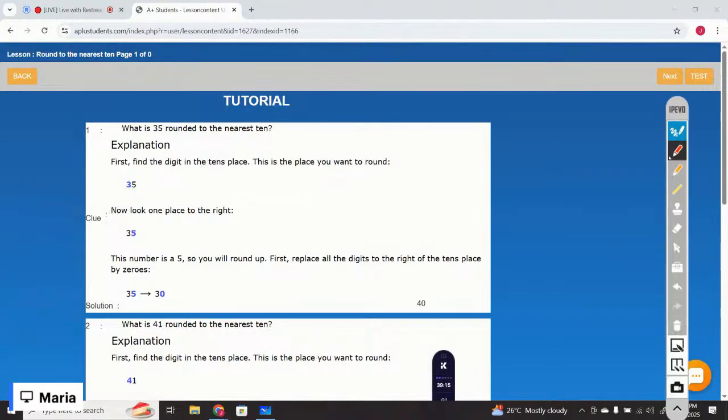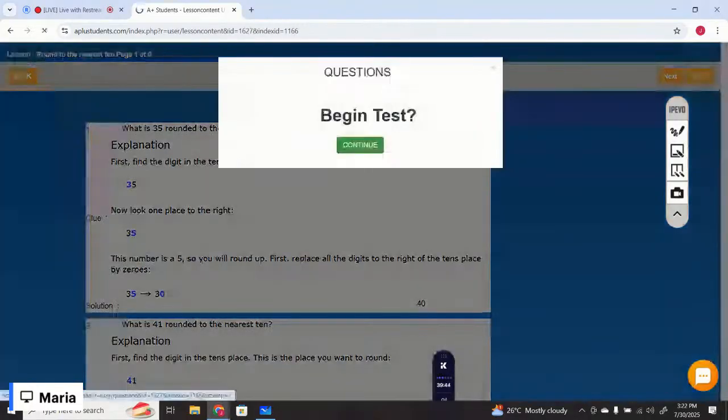You need to compare the number on the right hand side of the digit to the place value. Okay, let's start with the questions.